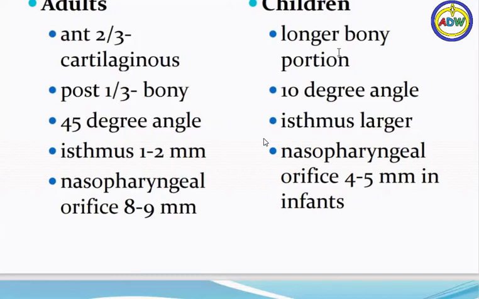That is why in children, the eustachian tube is mostly open. The posterior part in adults, 1/3, is the bony part.